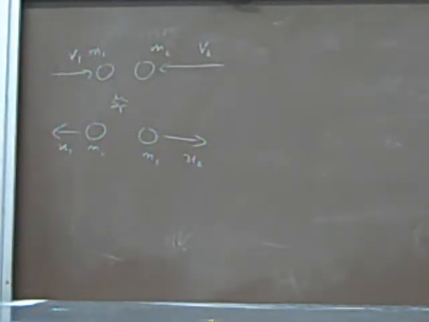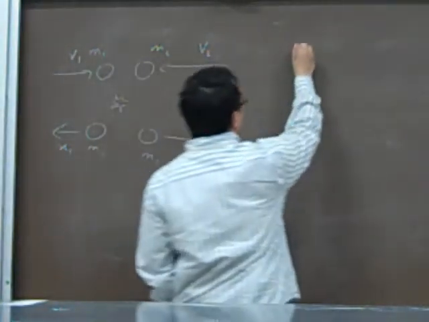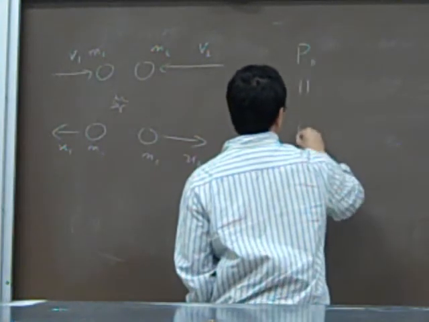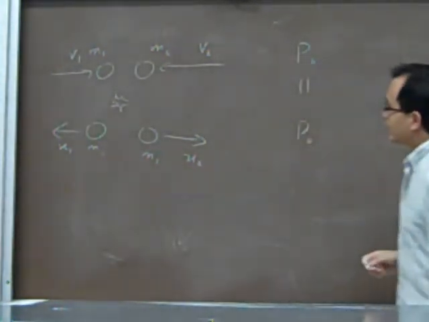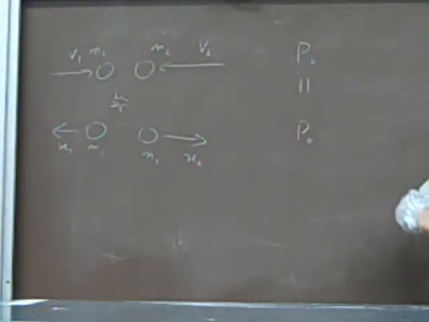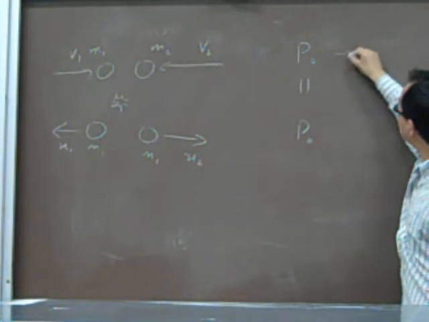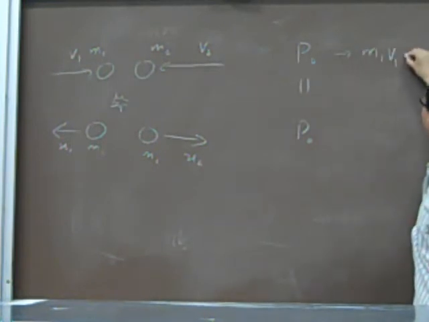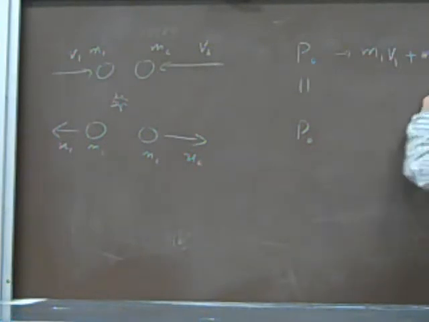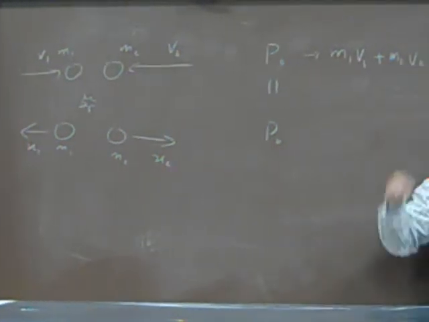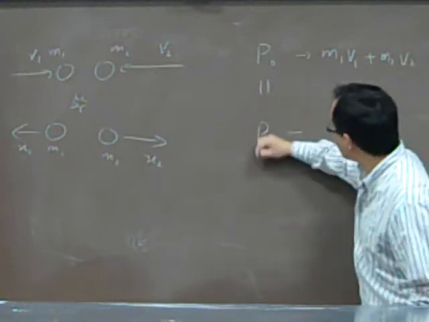Okay. In this case, you can see the initial momentum should equal the final momentum. The initial momentum is composed of two terms. This is m1 v1 plus m2 v2. Here v1 and v2 can be negative, right? And this is the initial momentum.